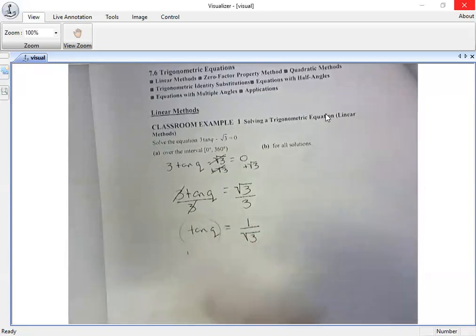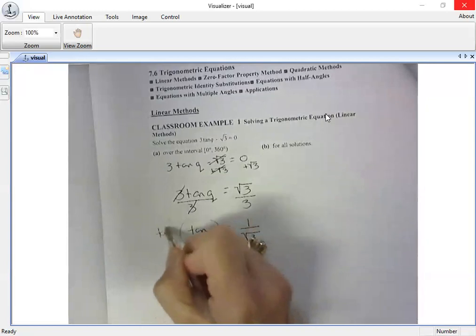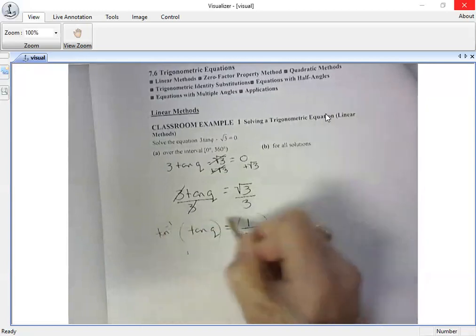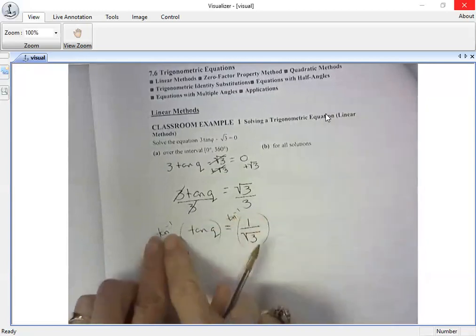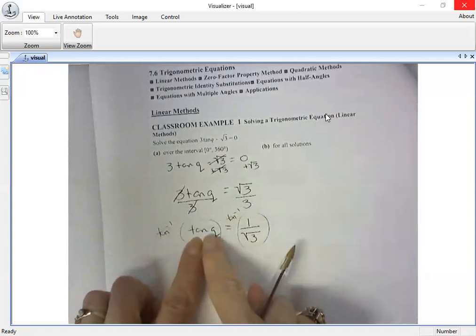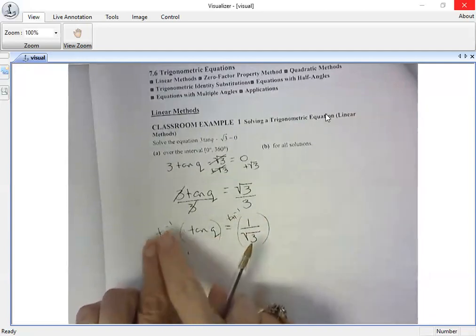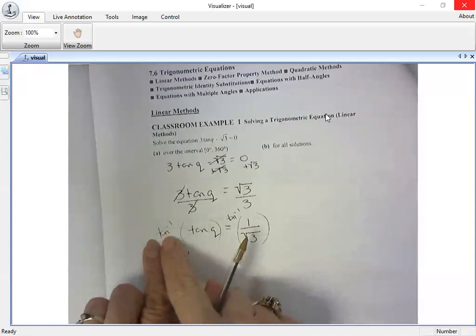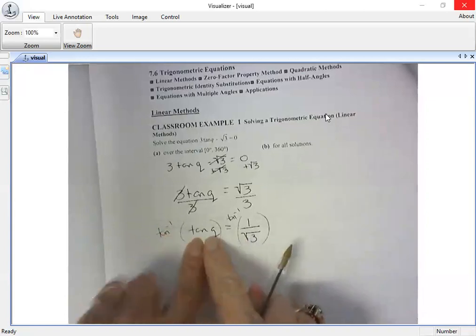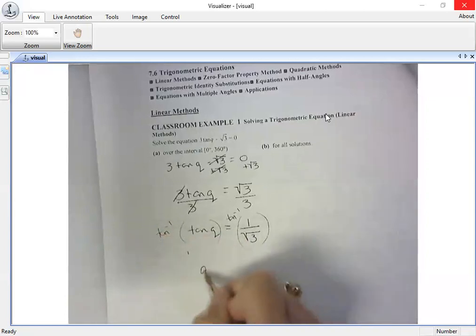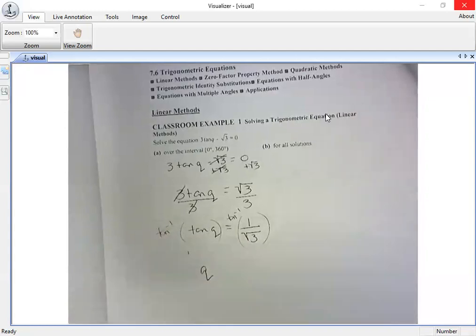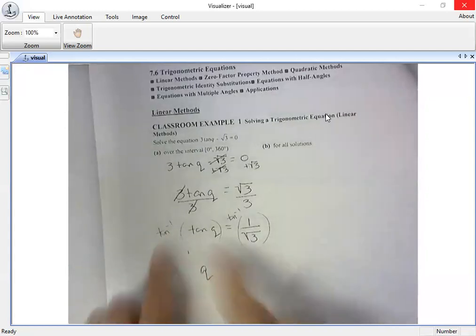You don't necessarily have to write this down, but I just want to show you this would be technically what we're really doing. Because if I take the arc tangent of the tangent, this side just becomes what? This is saying that I want to find the angle whose tangent is the tangent of angle Q. This just solves for Q. The arc tangent cancels out the tangent, just like a square would cancel out a square root, okay?